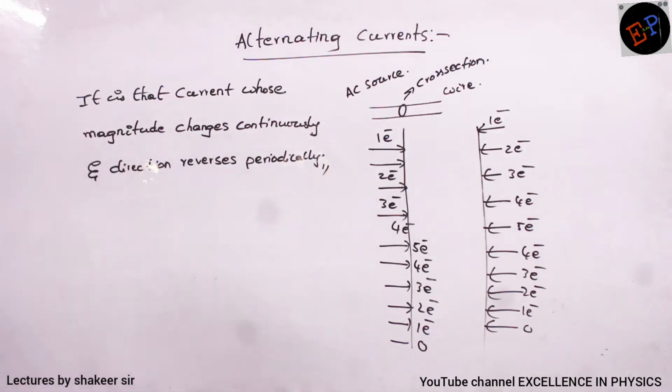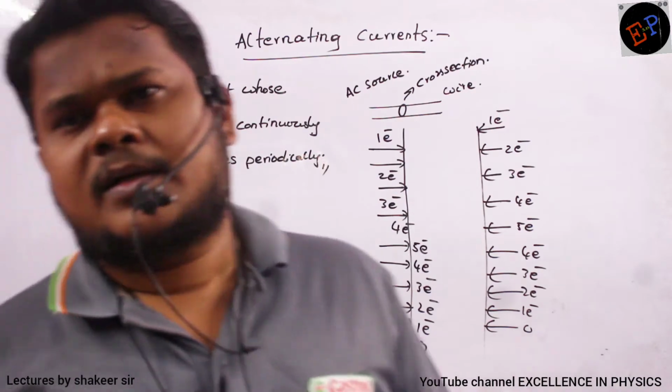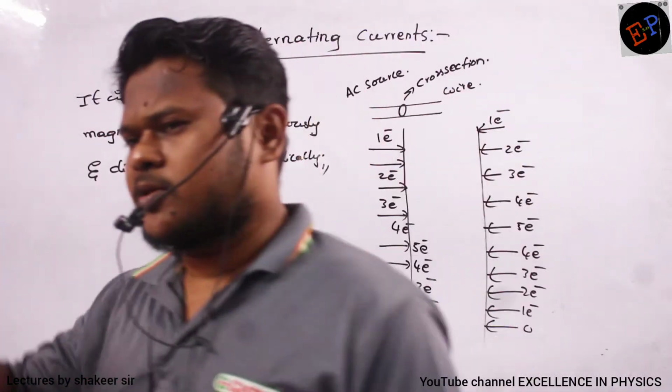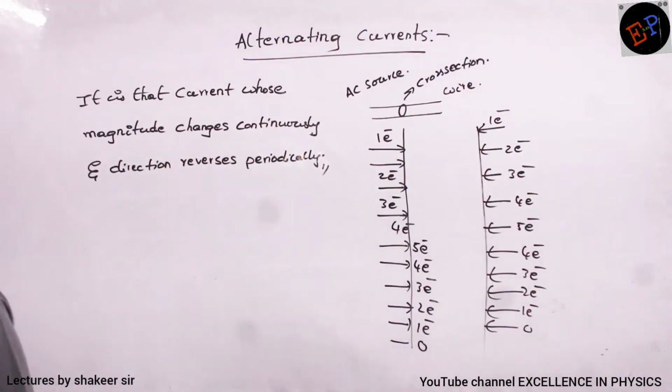Okay, ma? Magnitude will change continuously and periodically direction also will change. That is called as AC.